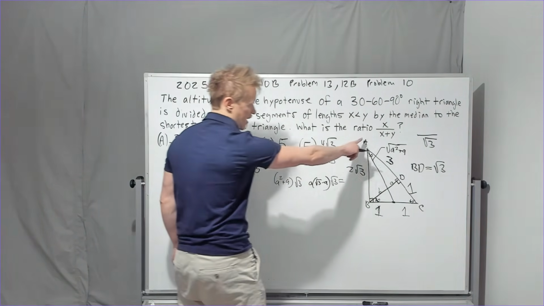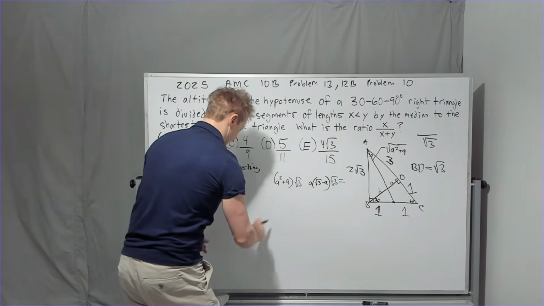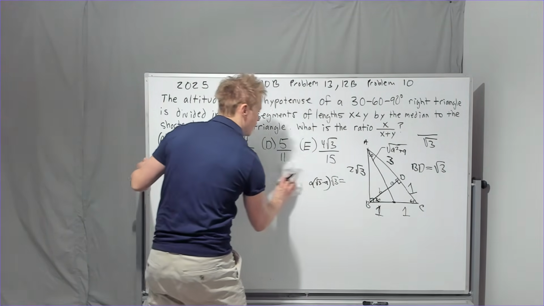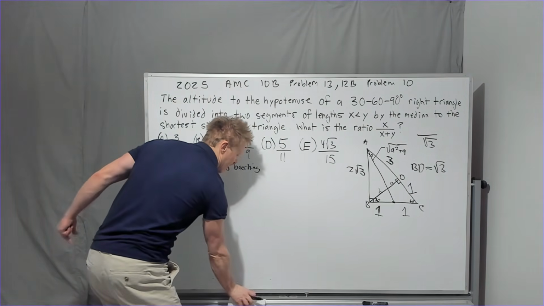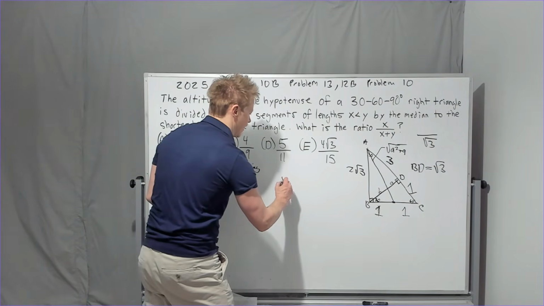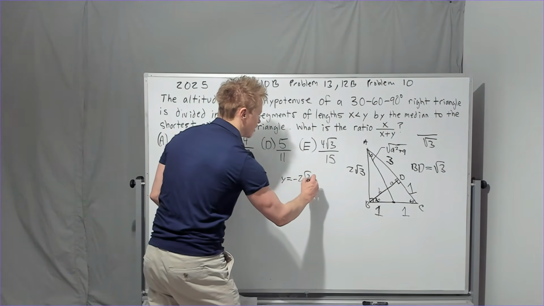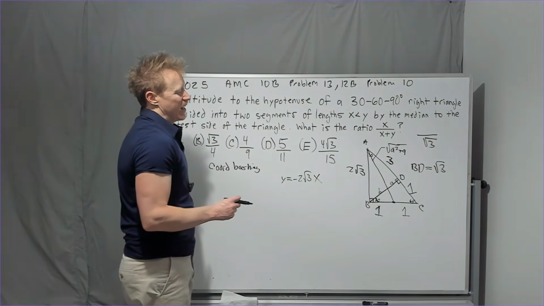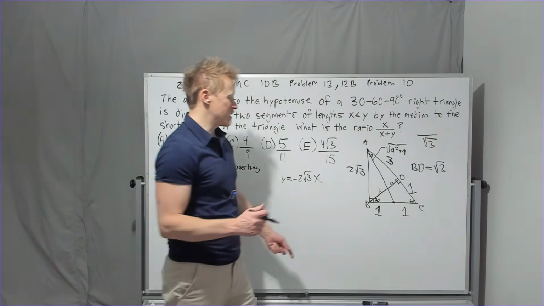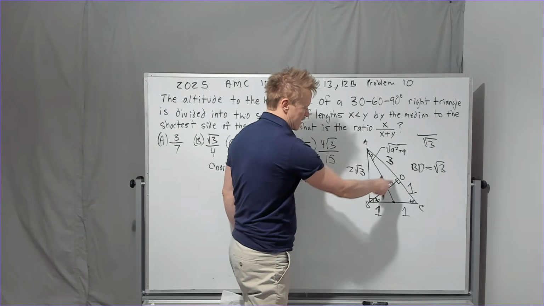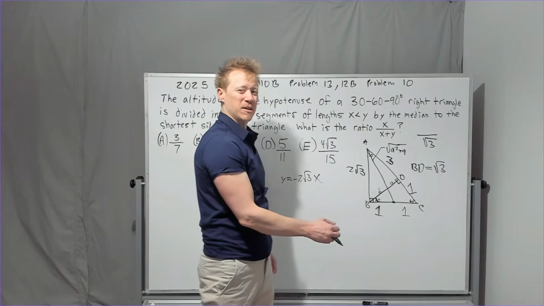So this line going down here, the median, I'm going to erase the Stewart's theorem nonsense because it doesn't work out. You're going to have y equals negative 2 root 3 x. And this part here, how am I going to get the slope of this line through the origin?